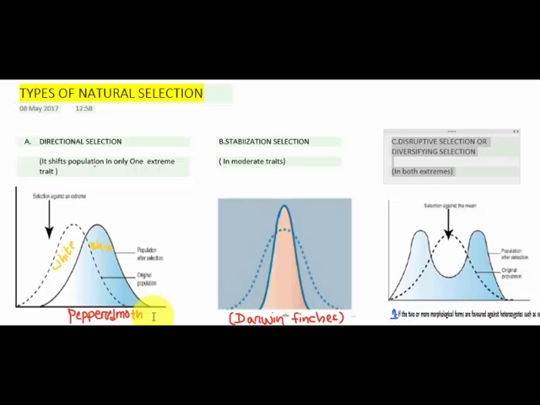But after the industrial revolution, the soot and coal made the trees dark. So very easily the white pepper moths were visible and were eaten by the birds. After that, the white pepper moth population decreased and the black ones were selected naturally.